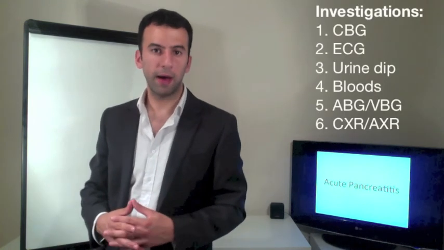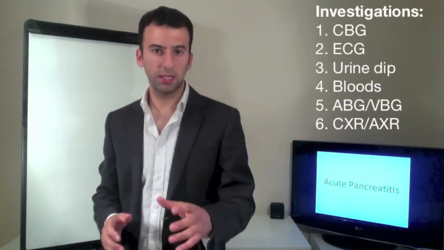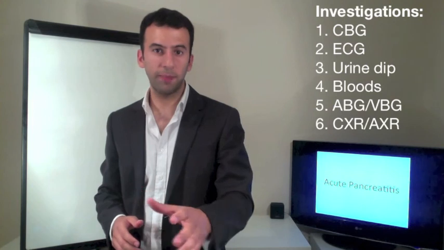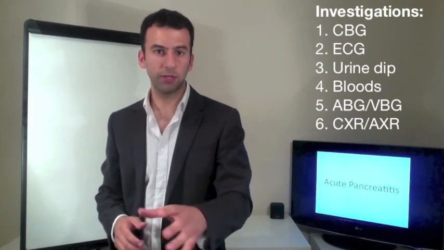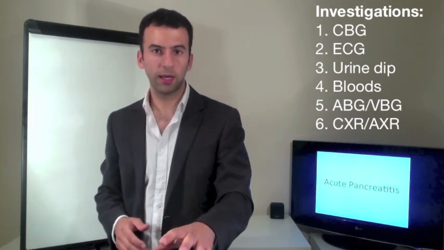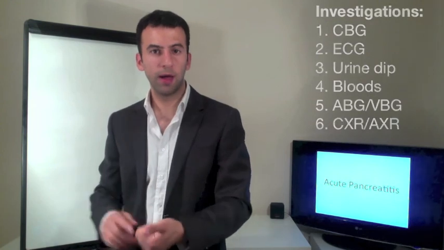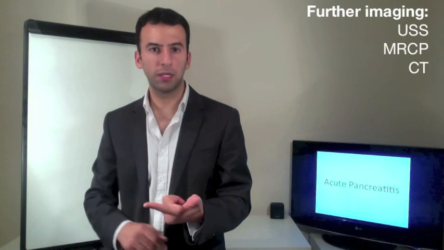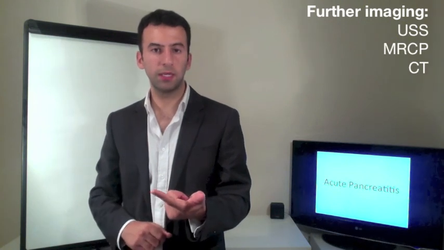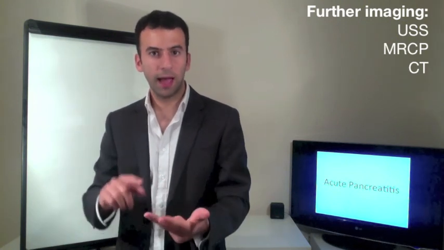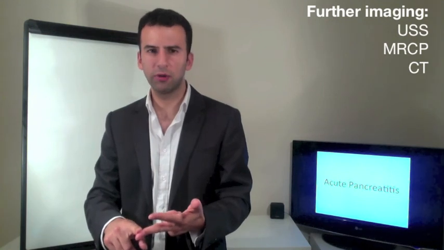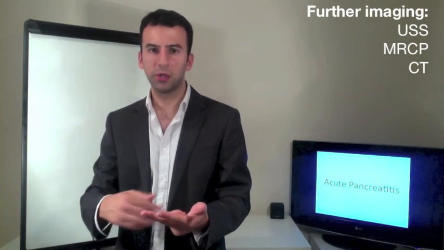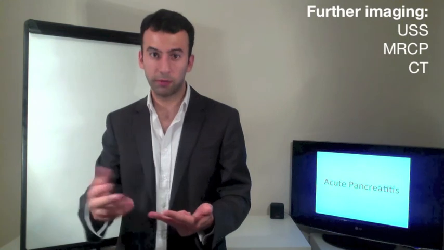Now, when talking about the investigations, there are the 6 tests that you need to consider for any patient with any condition, and in pancreatitis you generally do them all. And then the other tests you need to know about: ultrasound scan, are there any gallstones? MRCP, is there an obstruction of the CBD? Definitively, please let us know. And CT scan, generally not for diagnosis, but excluding other differential diagnoses, for example, perforated peptic ulcers.